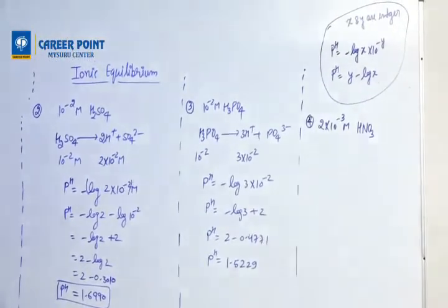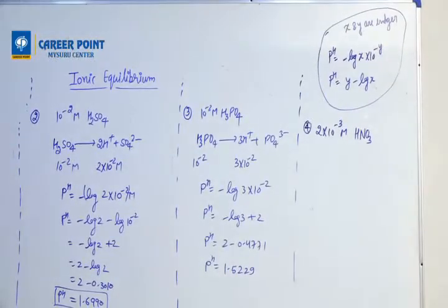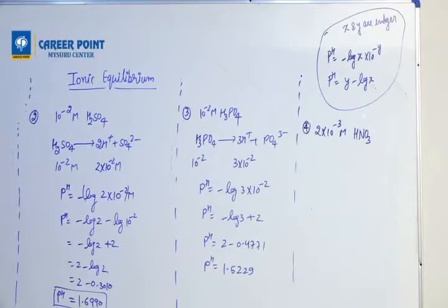Solve fast. So people are writing the answer as 2.7, 2.699. Okay, we'll try this question also.